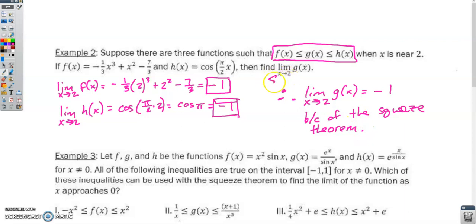Since this and both of those, then the limit as x approaches 2 of g of x is equal to -1. All right, let's go ahead and we'll look at example 3 here.